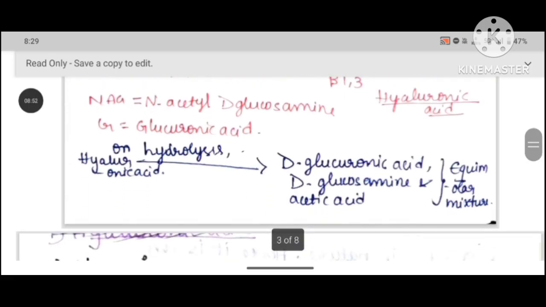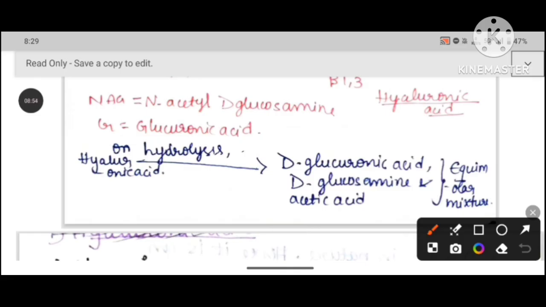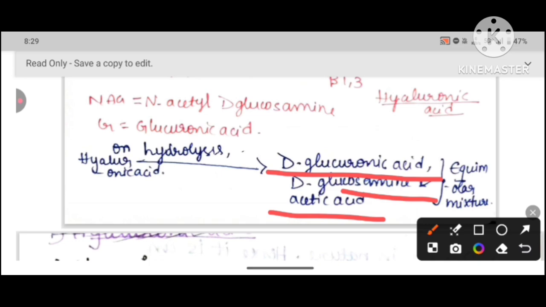Upon hydrolysis as well, the hyaluronic acid will give rise to D-glucuronic acid, D-glucosamine and acetic acid. So this is a mixture of monosaccharide units that comes as an outcome upon hydrolysis of hyaluronic acid. The D-glucuronic acid, glucosamine and acetic acid will be produced in an equimolar mixture.